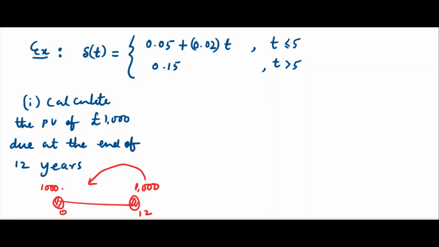V power 12 we write normally, but we'll find this here. Suppose A is the discounted value, then A will be equal to 1000 e power, 0 to 12, delta t dt.